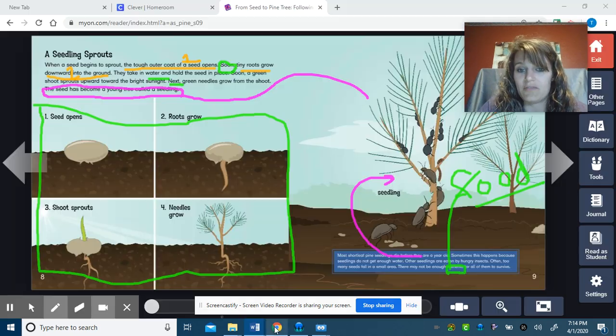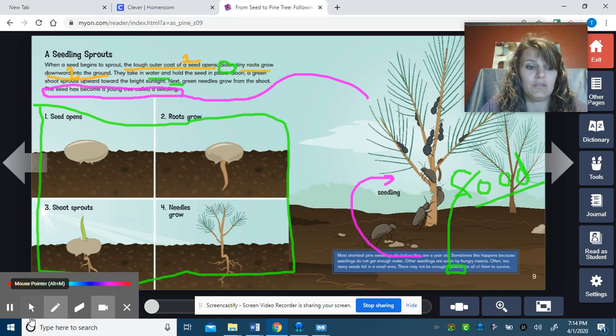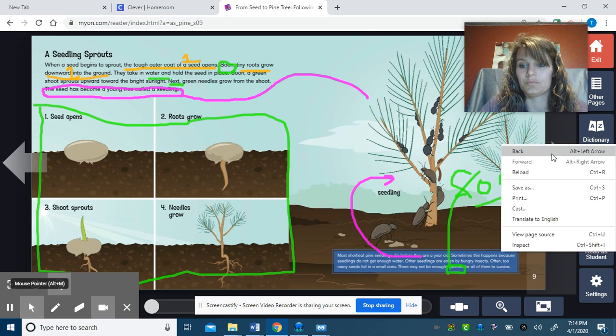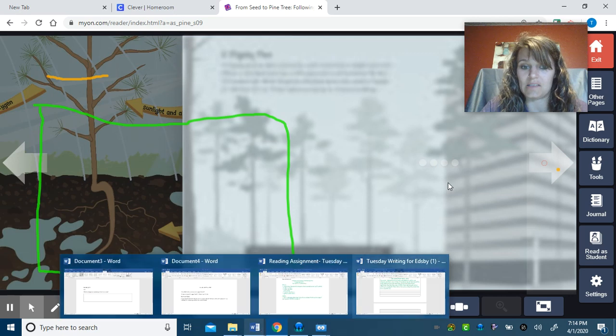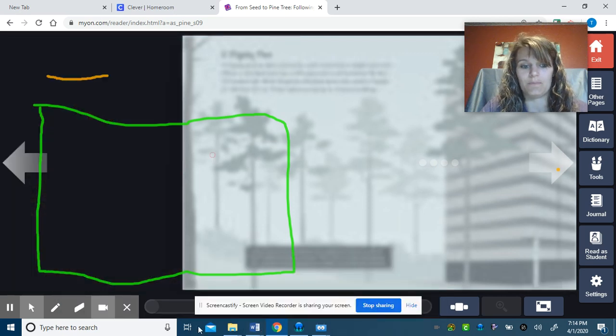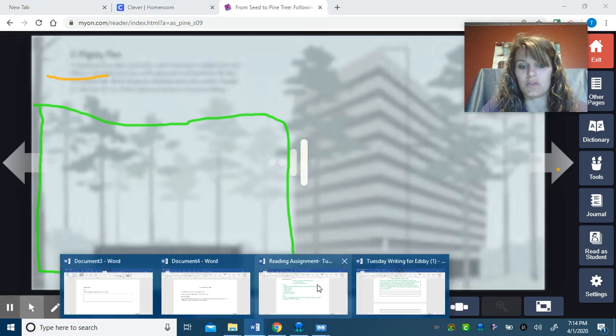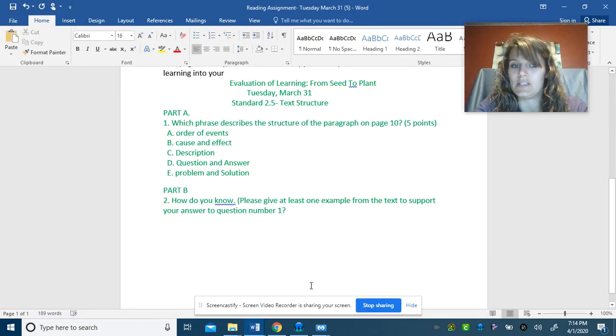So what you guys are going to have to do independently is read page 10 and 11. You are going to answer, there we go, page 10 and 11, and we're going to answer these questions.